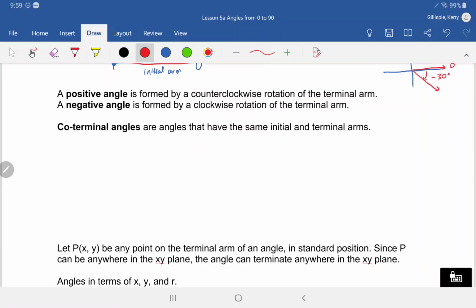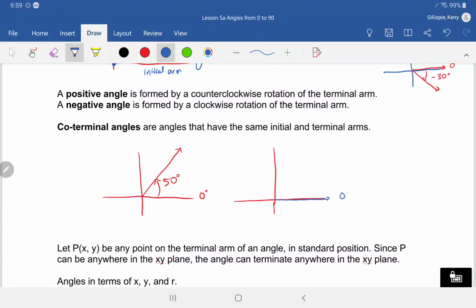Coterminal angles are angles that have the same initial arm and the same terminal arm. So for example, a coterminal angle, let's say that we take the one from above, which was a 50-degree angle. So this is considered 50 because it's starting at 0 and it's ending up here, and that's 50 degrees. A coterminal angle with that would be an angle that, again, starts at 0.